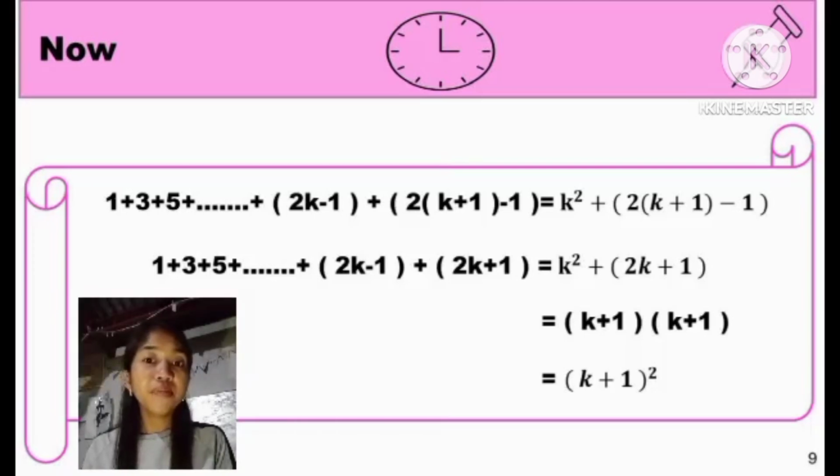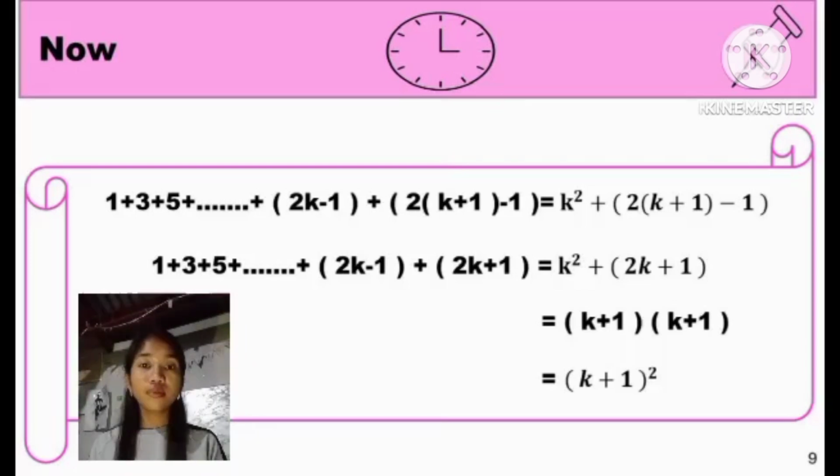Now, by simplifying those equations, our equation is 1 plus 3 plus 5 plus ellipsis plus the quantity 2k minus 1 plus 2k plus 1 is equal to k squared plus 2k plus 1.